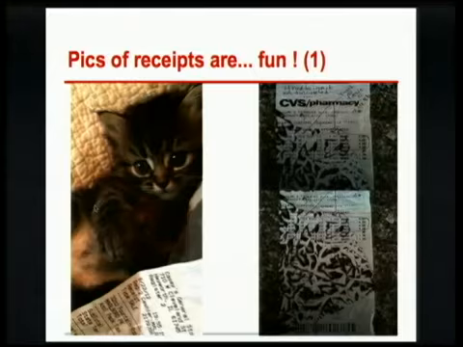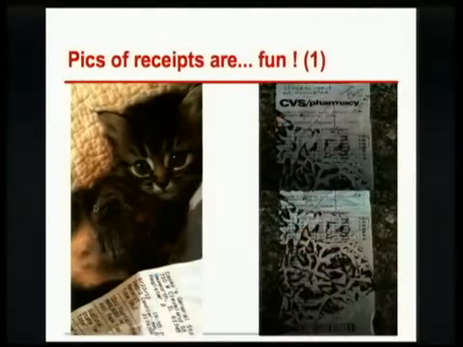Again, a lot of funny cat videos on YouTube, but we get cat pictures as well. So little kitty, very cute. On the right, that's a great one. It's a little bit hard to see on the screen here, but basically what we think happened is someone had a shopping receipt that was really wrinkled, right?